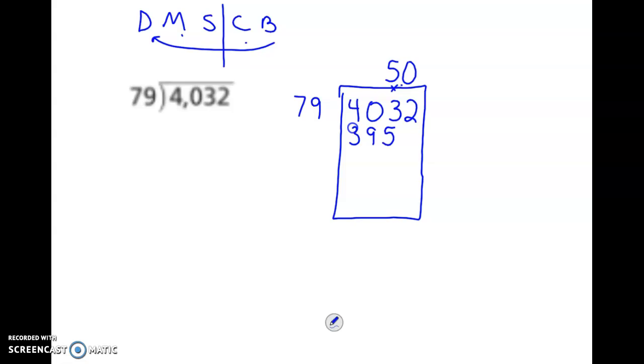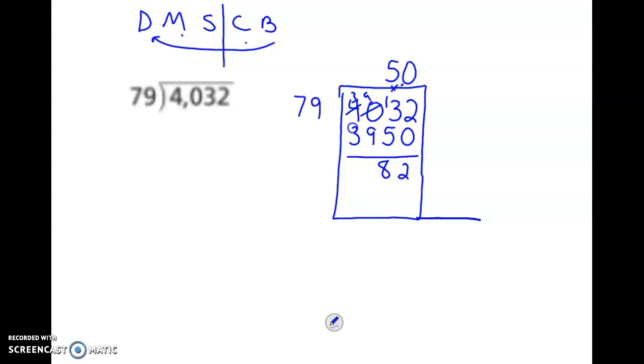Only now because I'm multiplying by 50, I have to add my 0 on the end. So I divided, I multiplied, now I'm going to subtract. Okay, 2 minus 0, and then again I still have to regroup here, and I'm still going to get 82. Now, 82 can't be my remainder because I know I can take another 79 out of there.